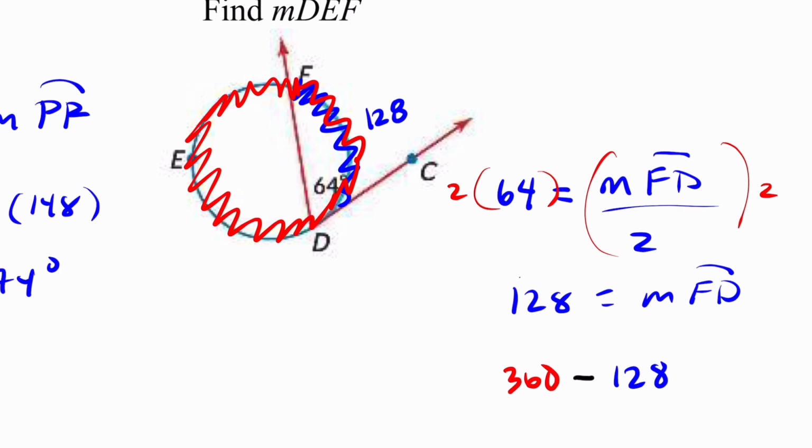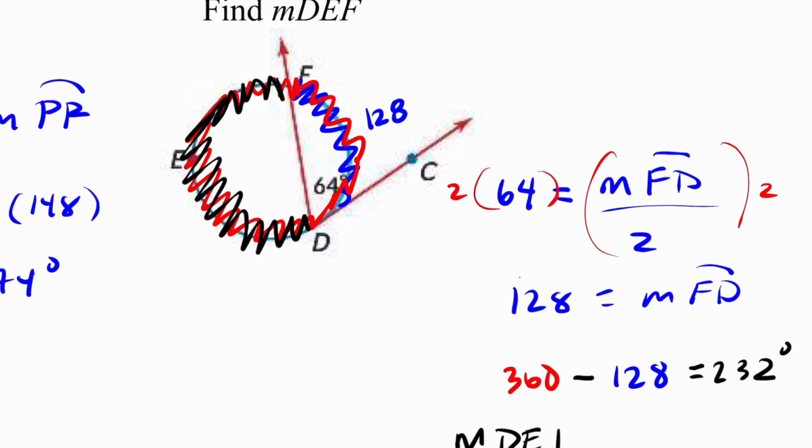And that's going to give me 232. So this arc here in black is 232 degrees. So the measure of arc DEF is 232 degrees. Okay?